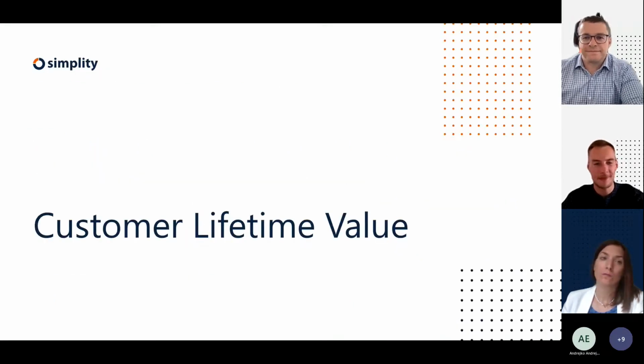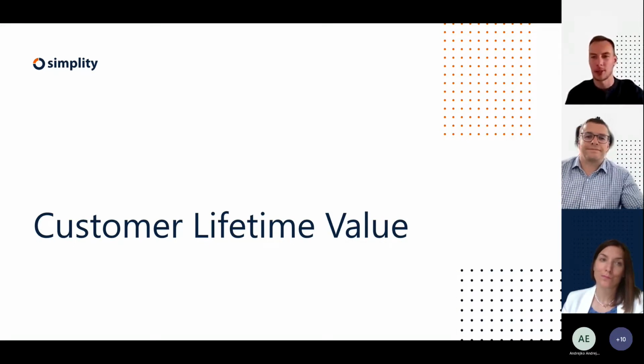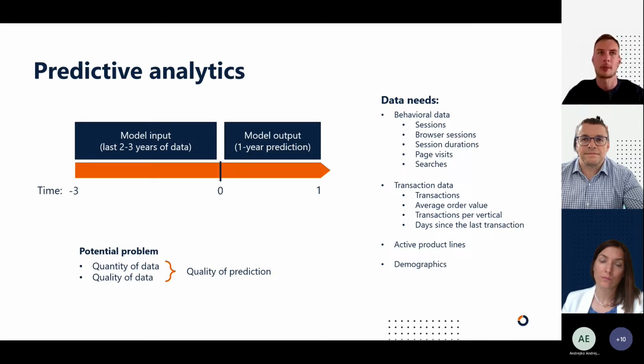Thank you, Karla. So yes, once we have the data about the customer enriched, we can move ahead to the second step, which is the usage of predictive analytics for predicting customer lifetime value and the propensity of churn. But first of all, to let you understand how we work with predictive analytics, we need to have at least 2 to 3 years of historical data about the customer.